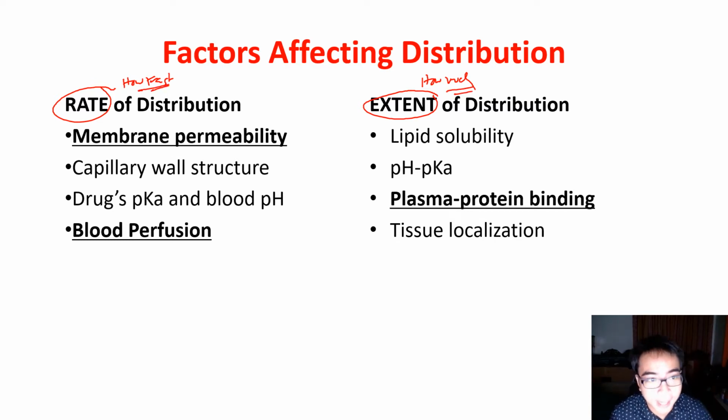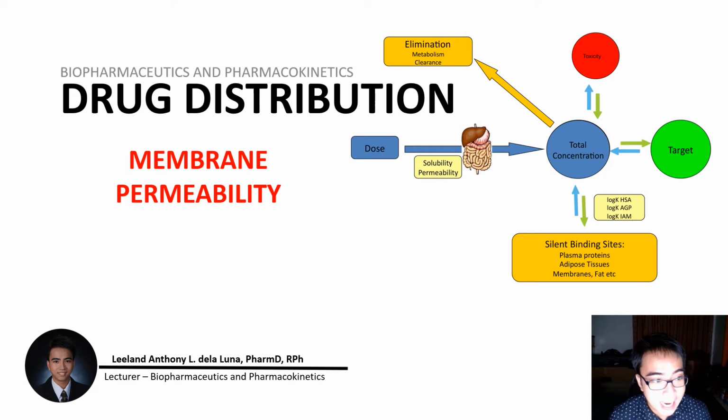In terms of rate, membrane permeability plays a good role here, and of course, blood flow. As to extent, plasma protein binding plays a vital role here, and then the other factors as well. Our first topic for the class will be membrane permeability. How does membrane permeability affect drug distribution?